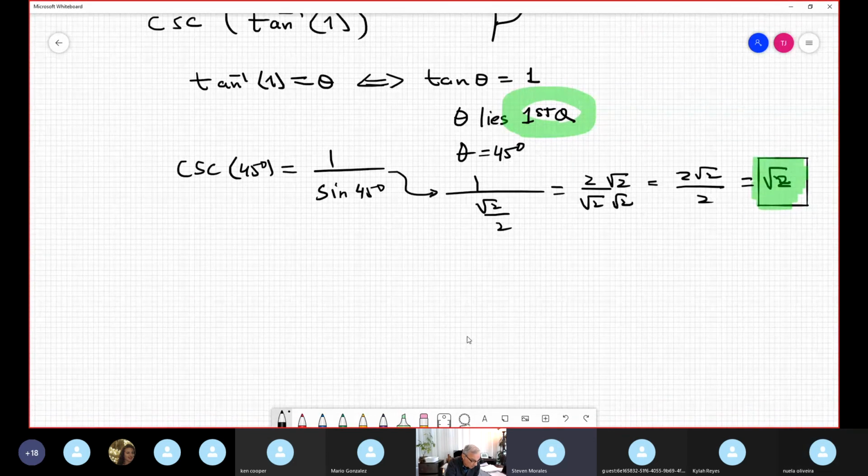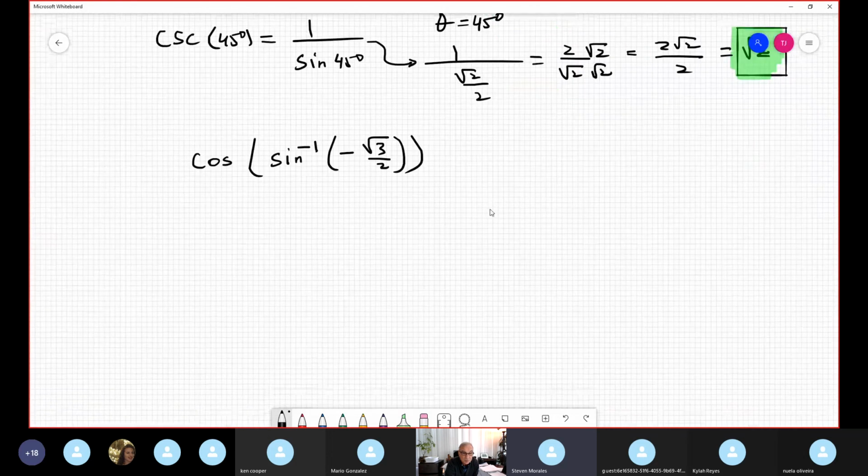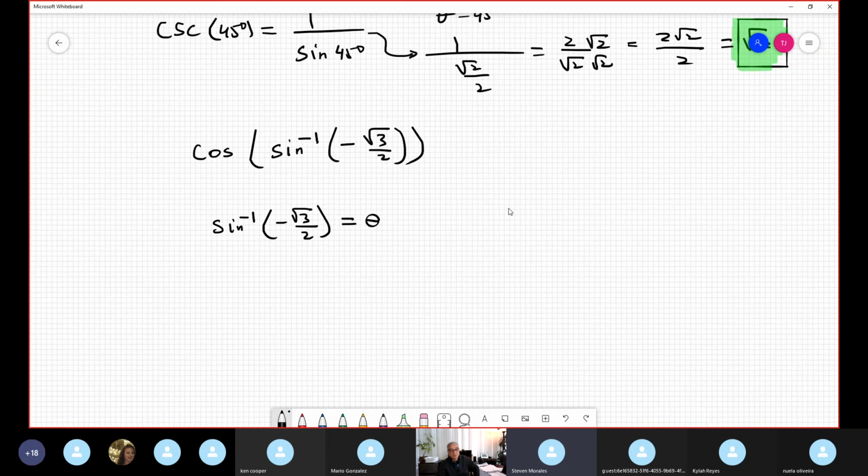One more, that's it. Let me try to find one complicated for you. Cosine is the last one, I promise. Sine inverse of negative radical 3 over 2. You take the innermost function, which is sine inverse of negative radical 3 over 2. You call it theta, because I know that the answer is the angle.